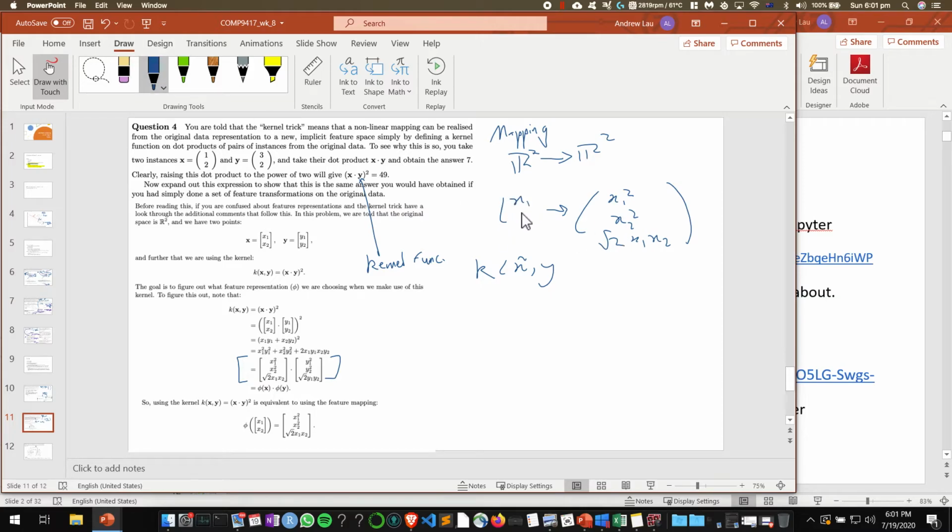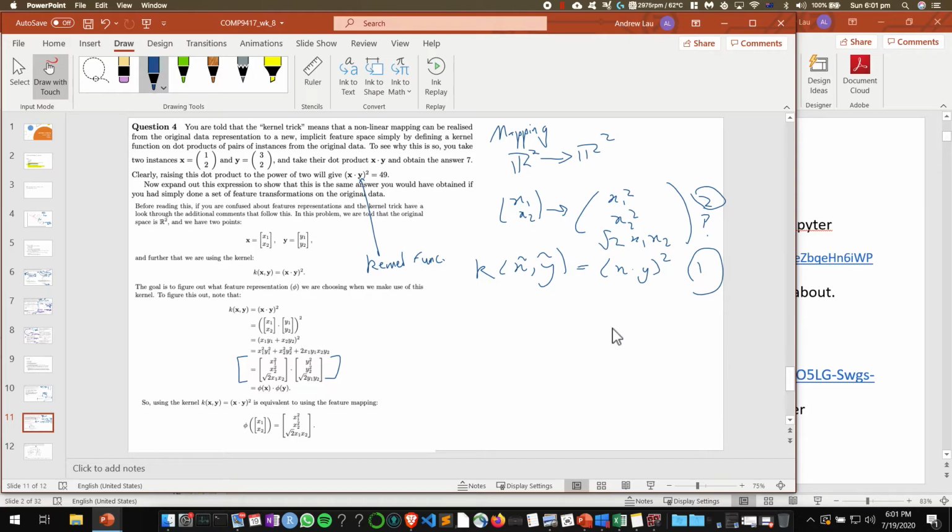It should be x1, x2. We're also given the kernel function, which is just x dot y squared. So we were told this, and we wanted to find out what the mapping is.